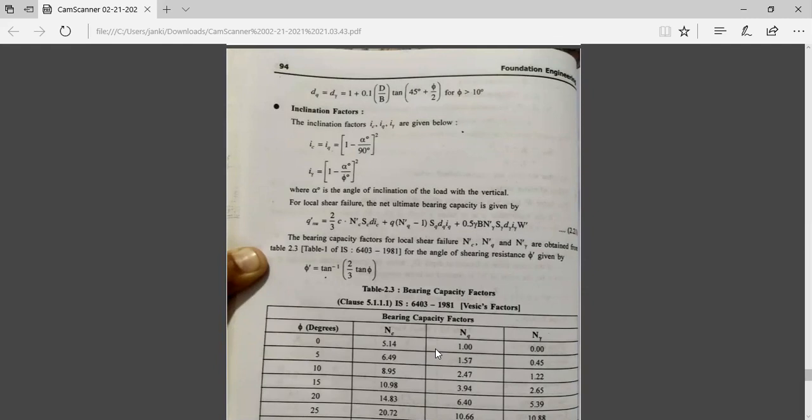So, for the local shear failure, the net ultimate bearing capacity is described in equation 2.21.